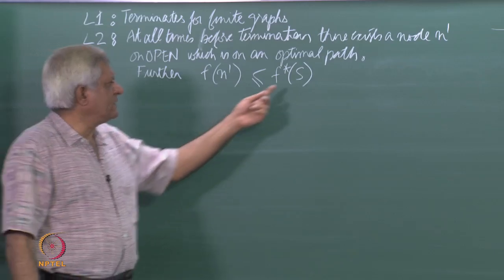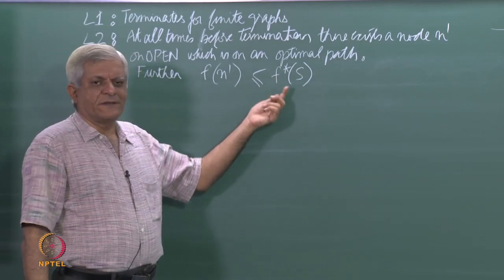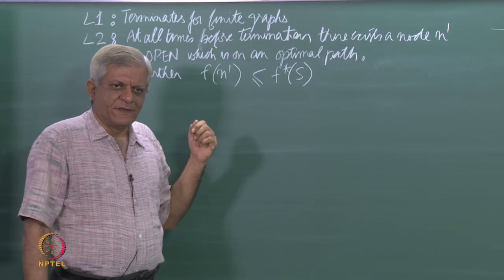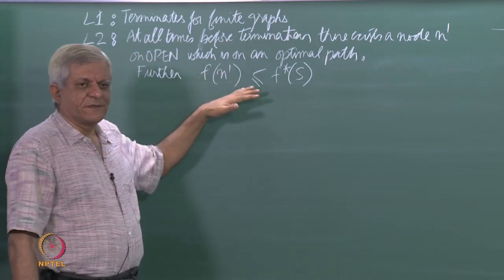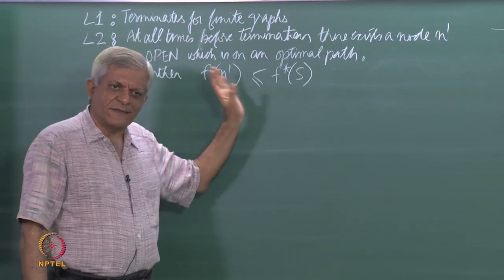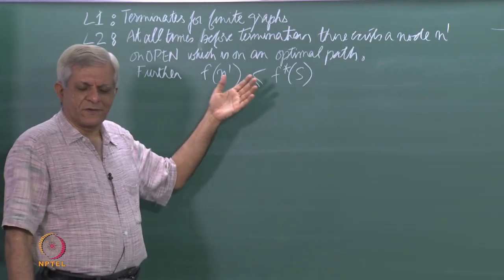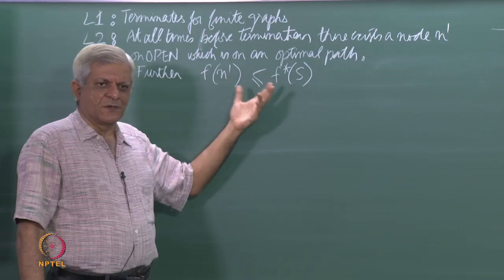S is a start node and remember F star is the optimal cost of going from start to the goal node essentially. So, this is part of the statement. We are saying that not only does such a node exist, it will always have F value which is lower than or equal to the optimal cost.